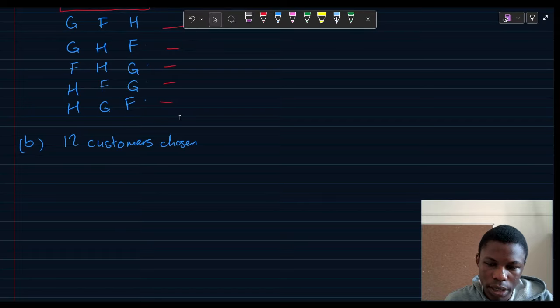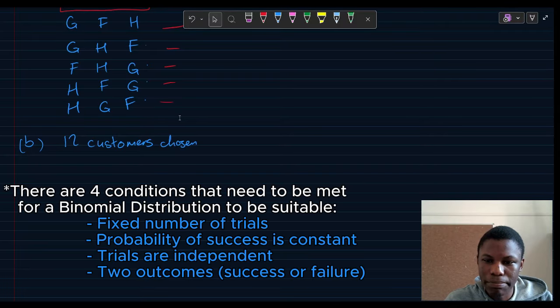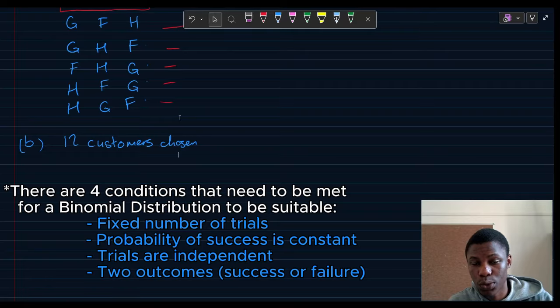All right, so this is a binomial distribution. Reason being we now have a fixed sample size, which is 12. And then we have a probability of success, which is going to be the probability of buying a computer from company F, which is 55%.